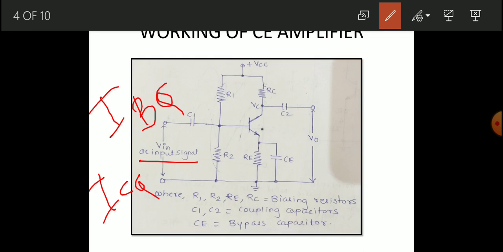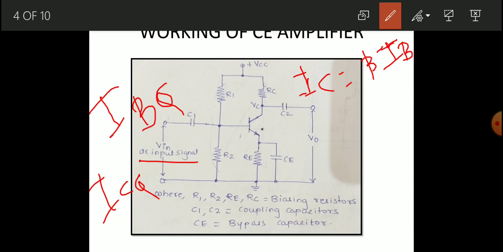This collector current produces voltage drop across RC. Now you know that IC is equal to beta IB. Since IC is equal to beta IB, IC is an amplified version of IB.